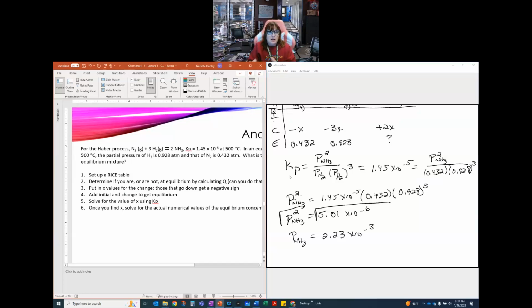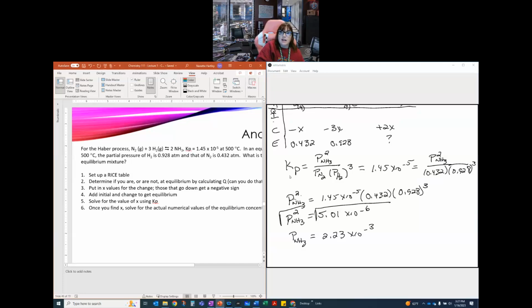I know that whatever I started with minus 3x gives me 0.928. And I know that that 2x is equal to 2.2 times 10 to the minus 3. So if I needed to solve for x to calculate what the initial concentrations were, I could do that. Absolutely, I could. But that's not necessary right now.